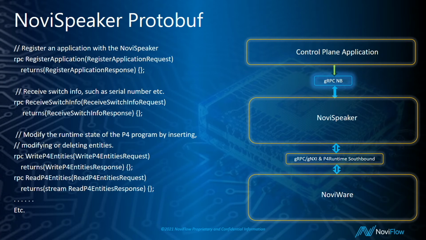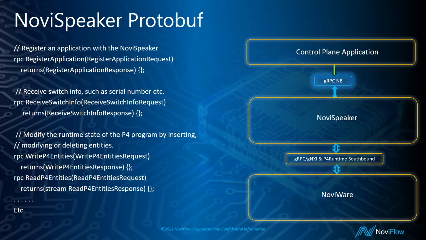Once the NoviSpeaker connects with the switch, it fetches some information about the switch through this receive switch info, like the DPID of the switch and other information, especially about the ports, because different hardware form factors are available from the front panel point of view.